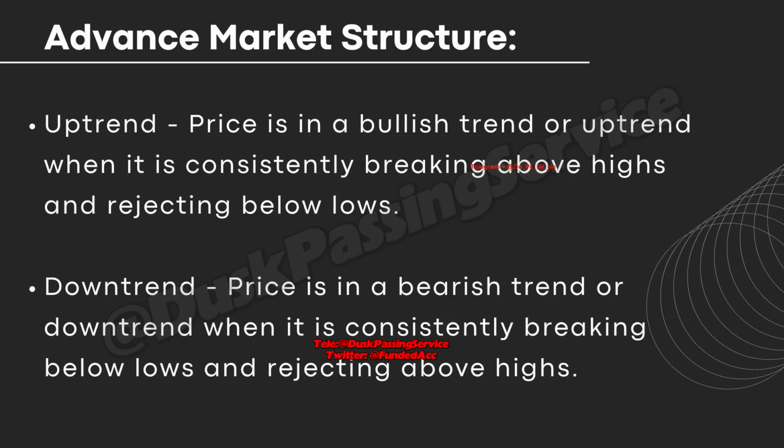The reason it forms these rejections below lows is to manipulate traders into thinking that the structure has shifted when in reality it hasn't, and the only thing it's doing is rejecting below these lows to take out liquidity.